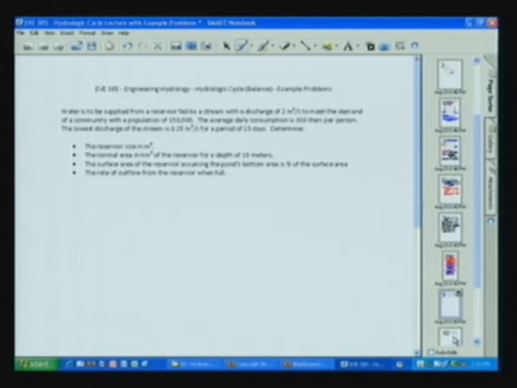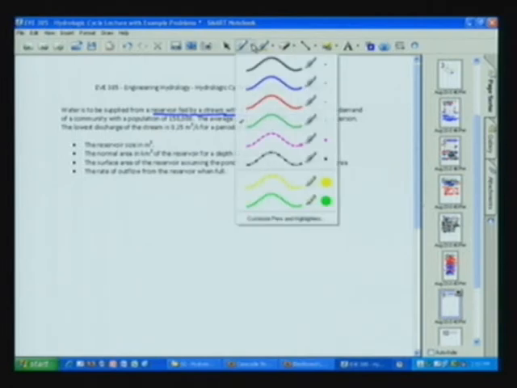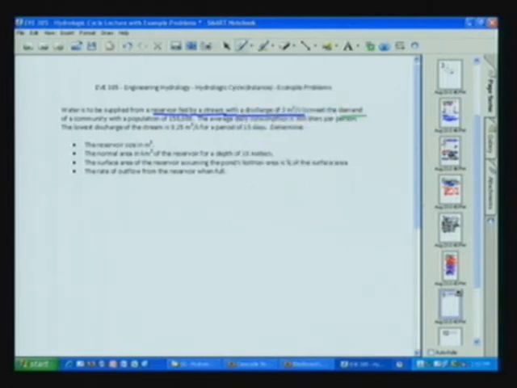So this is a reservoir type problem where we need to evaluate a reservoir. So water is going to be supplied from a reservoir that is fed by a stream. So we have a reservoir fed by a stream with a discharge of 2 cubic meters per second. And we want to meet the demand of a community with a population of 150,000.